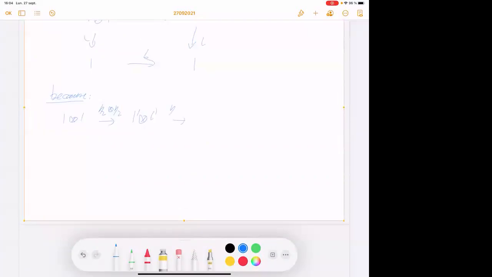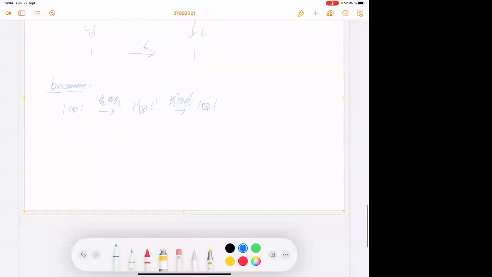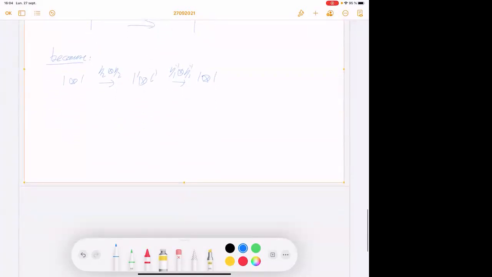And then eta 1, 1 tensor 1, inverse. Here you have iota, you have 1. Here you have iota prime, you have 1 prime. And here you have iota, you have 1. Here eta 2. Here eta 1 inverse.